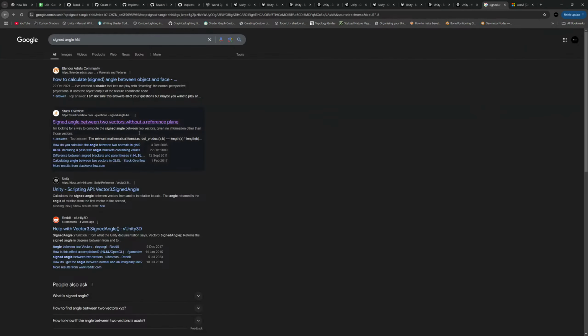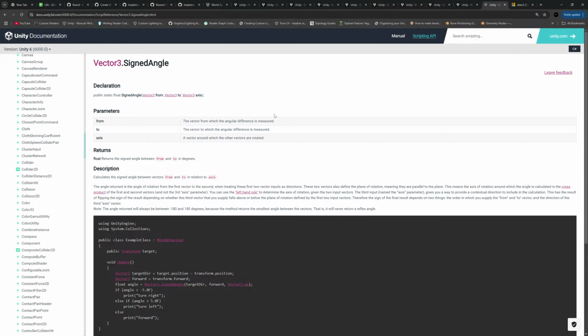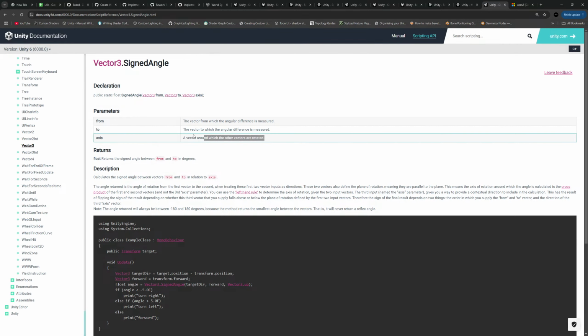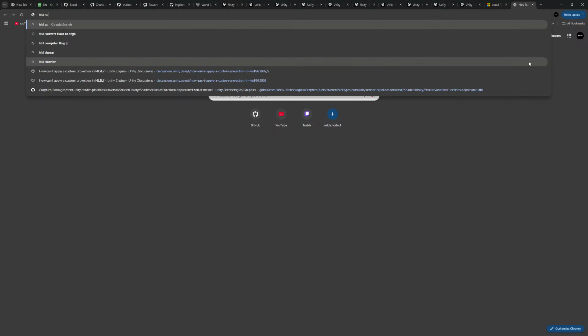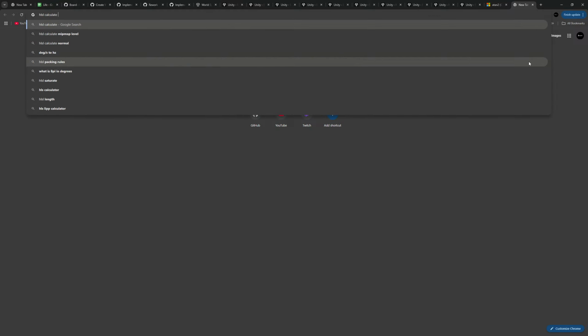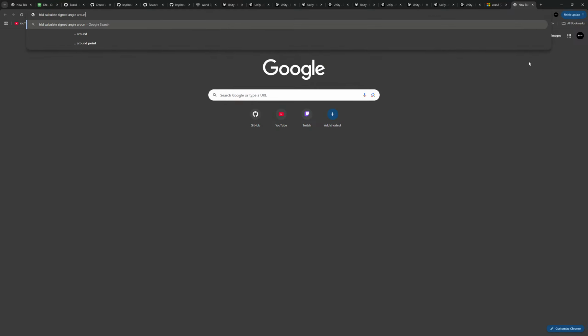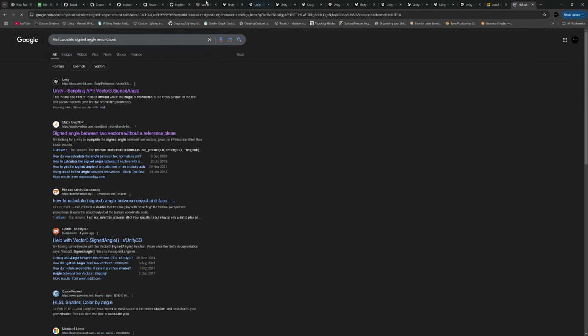Yeah, I pretty much just want, I'm okay with having a reference vector which we rotate around. HLSL, calculate signed angle around axis.